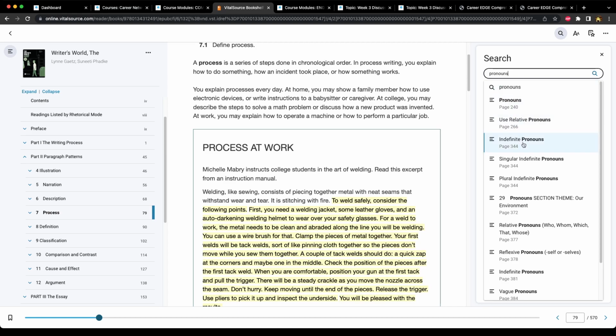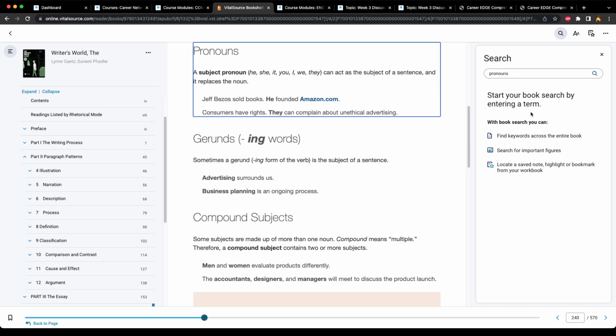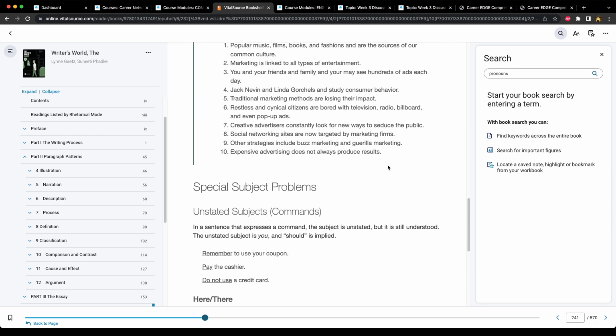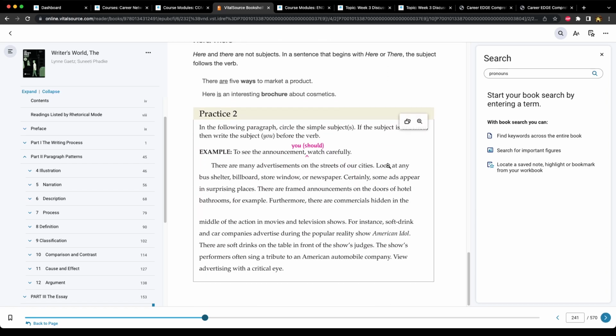So we can see here indefinite pronouns, plural pronouns. So let's look at page 240, because this is where you talk, I think, generally about pronouns. So a subject pronoun, right? So you can start looking at some of these and understanding what pronouns are, because again, you're going to be seeing some of this stuff in your midterm and final.